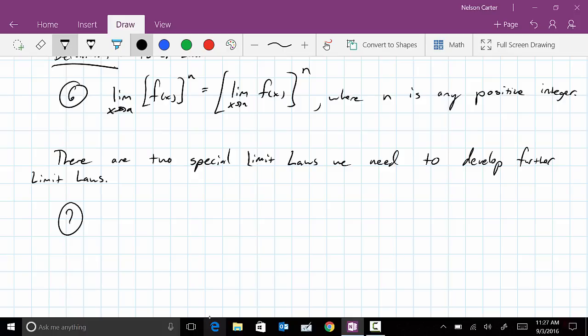The first one is called the constant law.